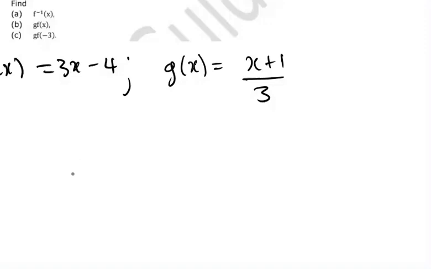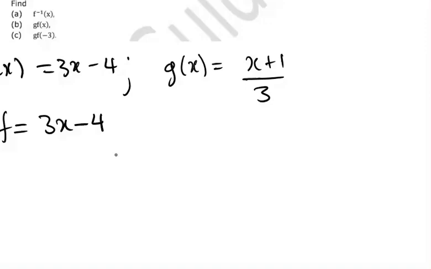So the first question, there are two functions here which we have to understand. There are how many functions? Two functions. One is f of x. We know f is varying with x.